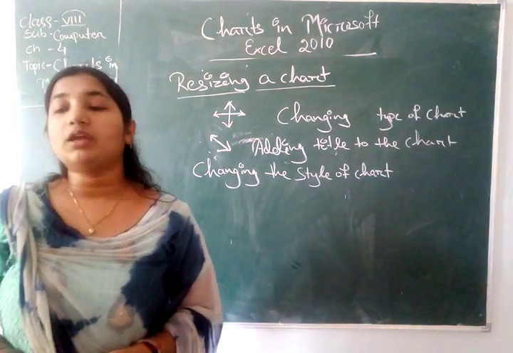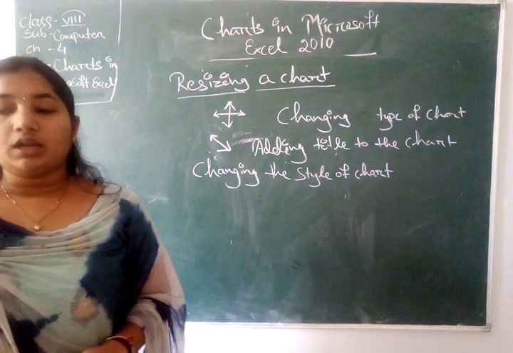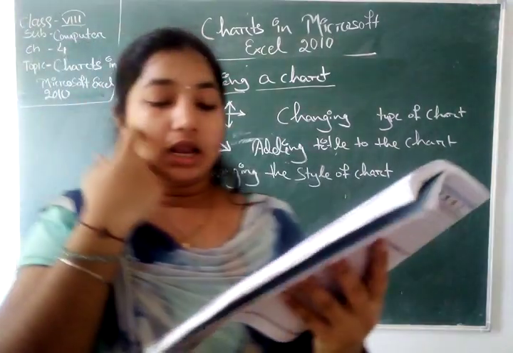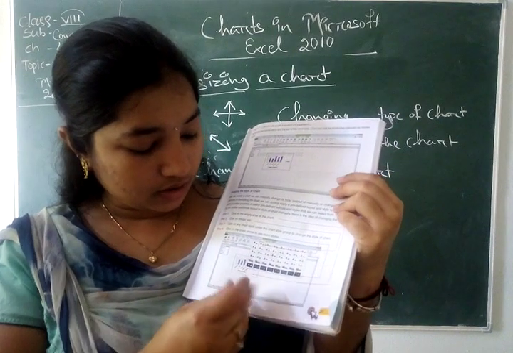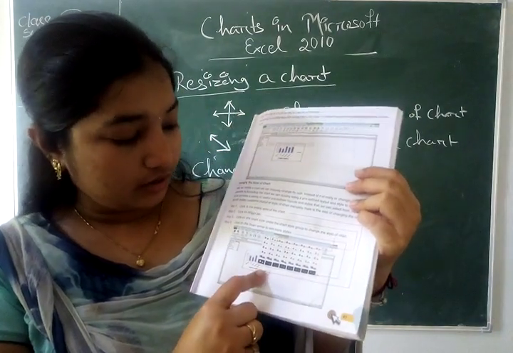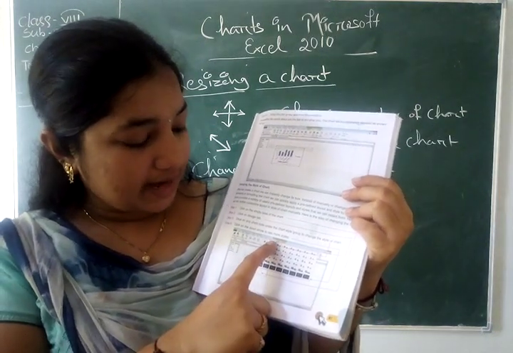In the first step, click on the empty area of the chart, and click on the design tab. Like here you can see, first we have to click on this, meaning nothing is there in the chart. We have to first click on this. After that, we have to click on the design tab.